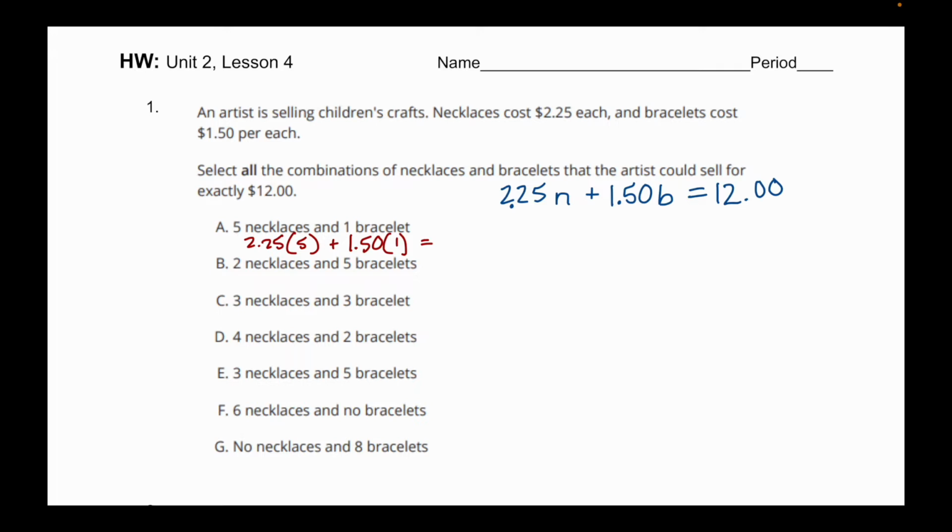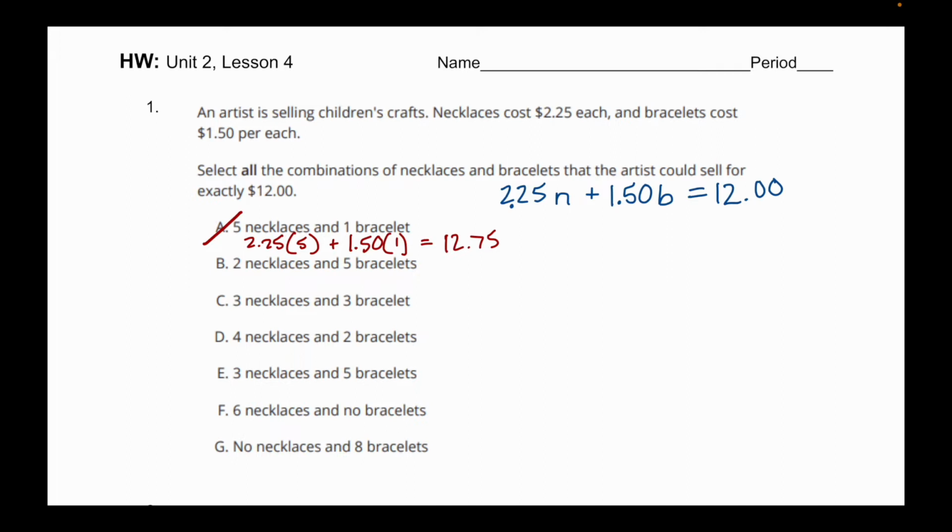So 2.25 times 5 is going to give us 11.25, and then when we add 1.50, this would be 12.75. Not gonna work because we want it to be exactly $12. So we're gonna keep going.